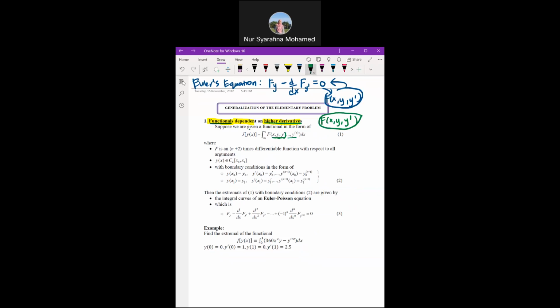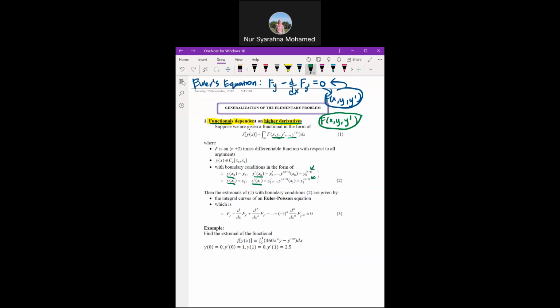Now we are going to identify this up until y^(n), where f is an n plus 2 times differentiable function with respect to all arguments, y(x) is in the class C^n of [x0, x1] with the boundary conditions given at y(x1), y prime(x1), until the n minus 1 order, depending on how many orders you have.